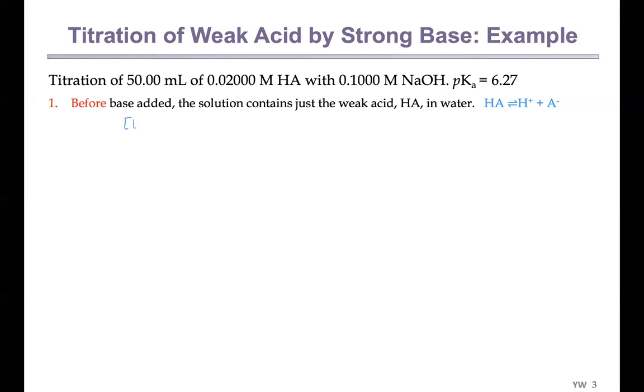So it's basically this formula, right? And Ka is 10 to the negative 6.27. Multiply the formal concentration. But you cannot do negative logarithm directly because it's a weak acid. You have to set up the ICE.